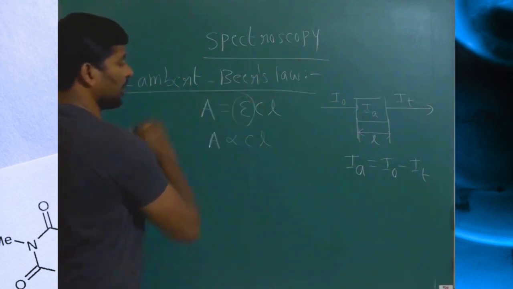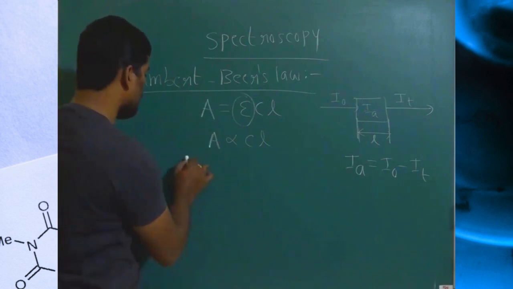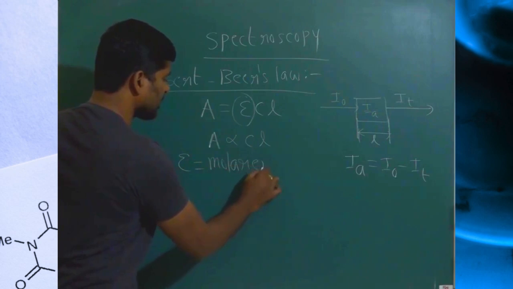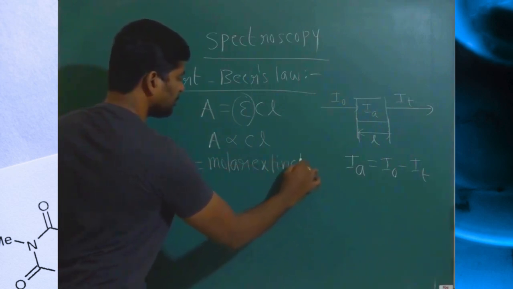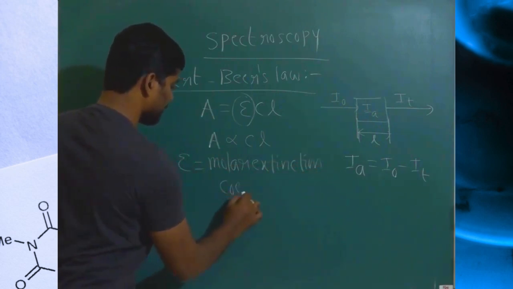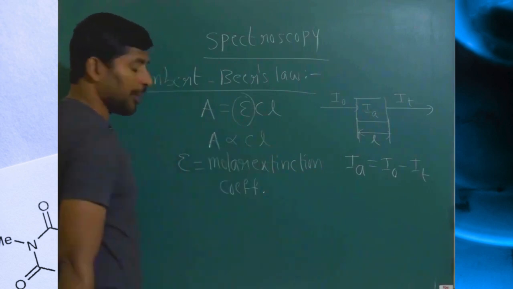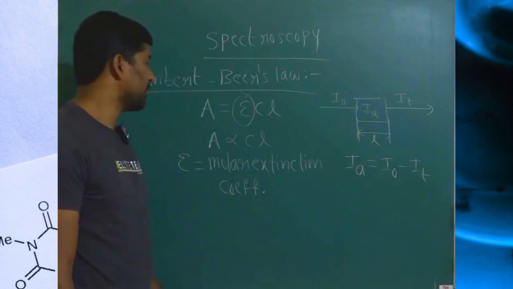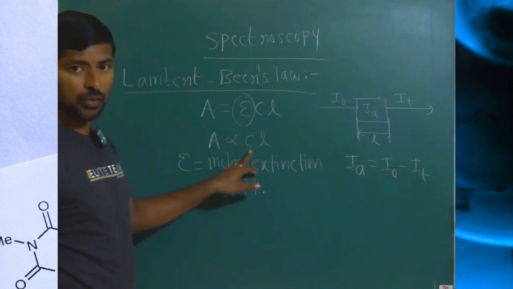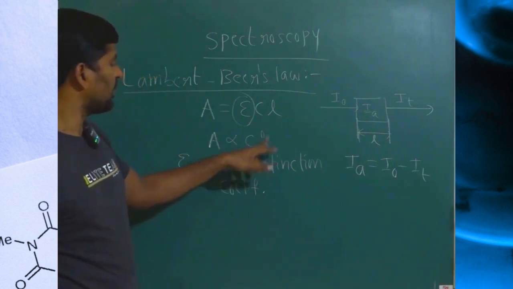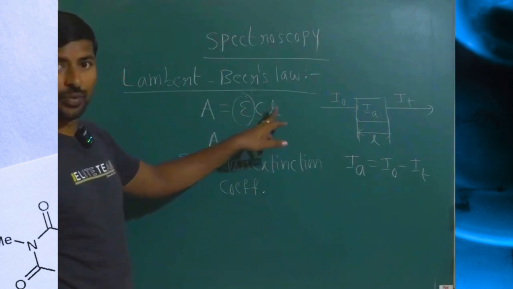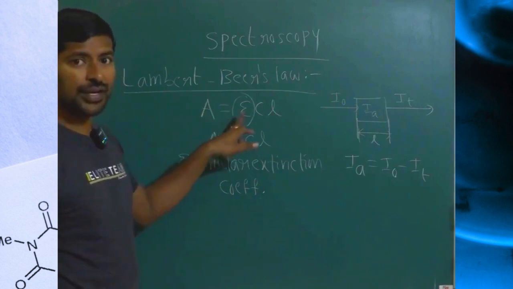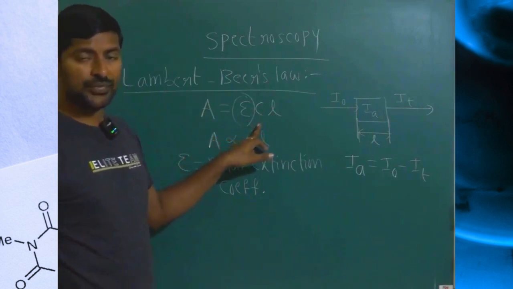Now here epsilon is called the molar extinction coefficient, or absorptivity. If the concentration is 1 molar and the path length is 1 centimeter, then whatever absorbance we get is called epsilon, the absorptivity.